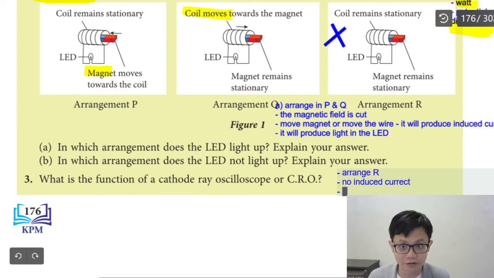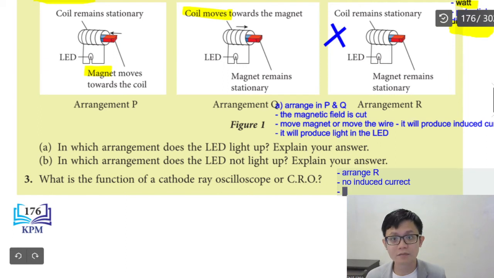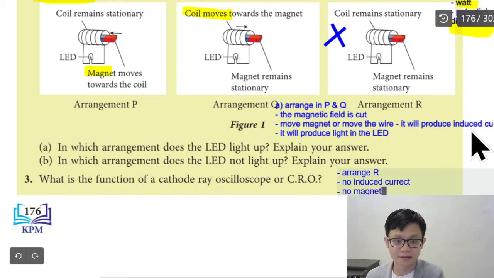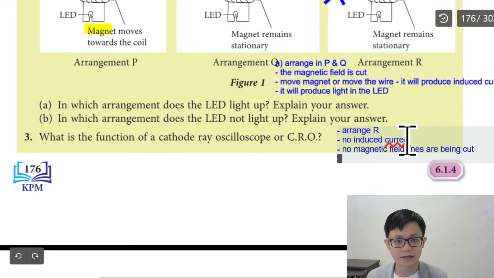Why no electric current? I would say, why no induced current? Because no magnetic field lines are being cut. You also didn't cut the magnetic field. How do I know you didn't cut the magnetic field?